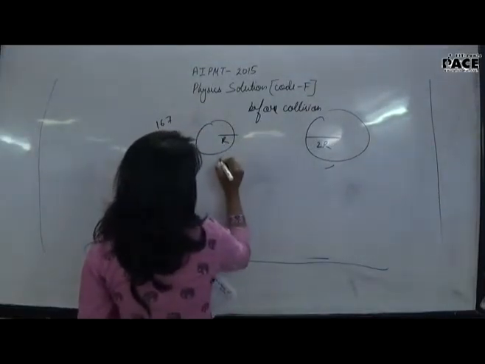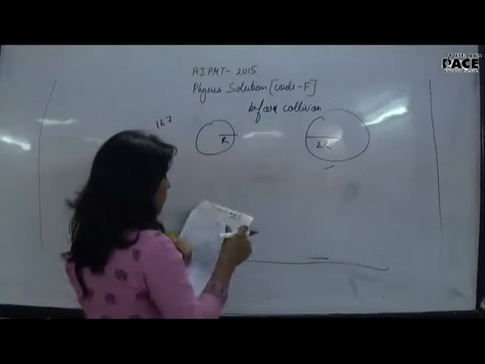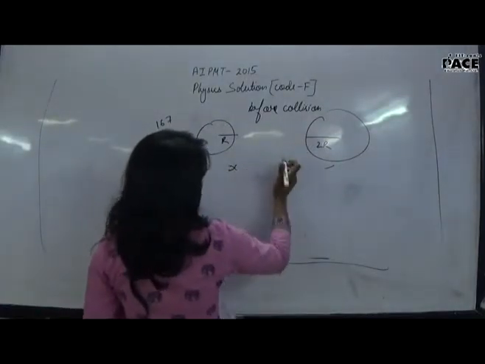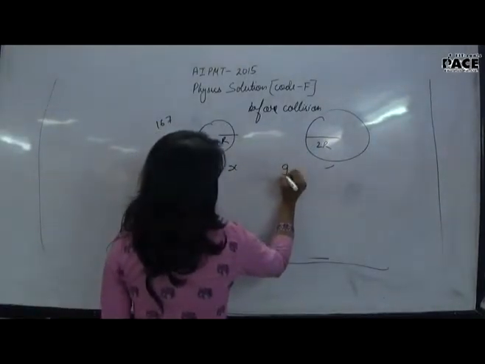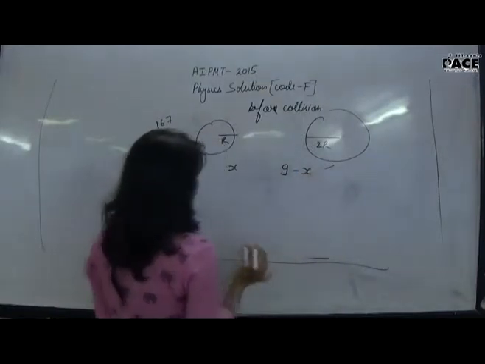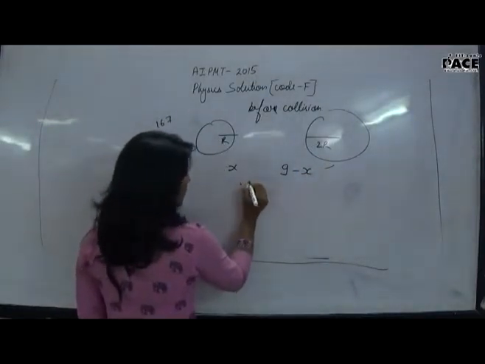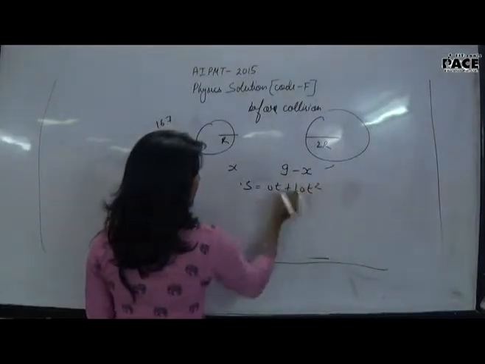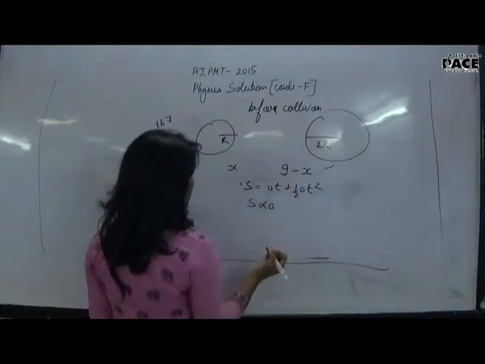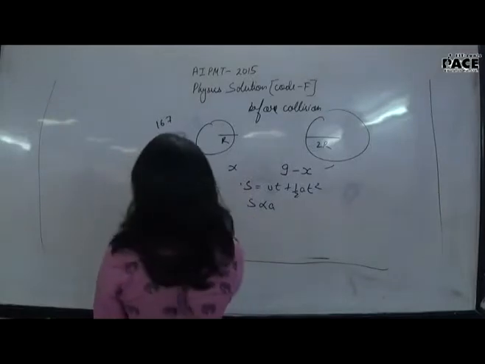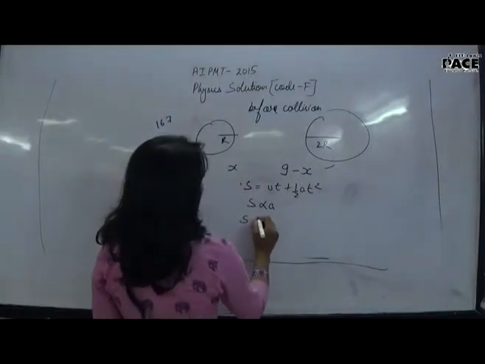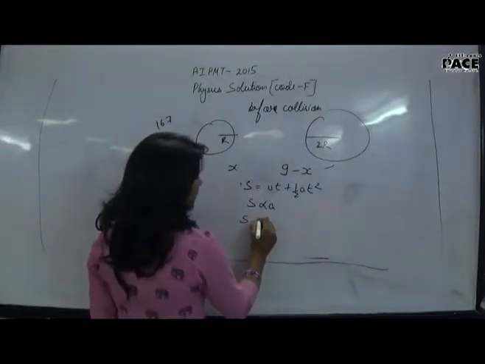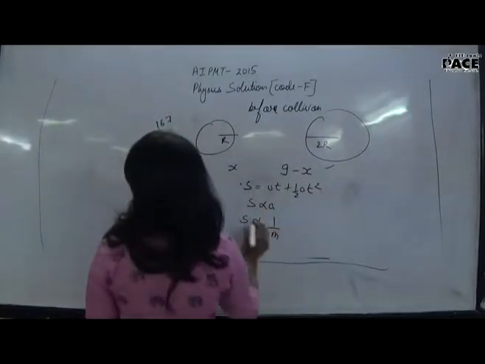Assume the distance travelled by the small ball is x and the distance travelled by the bigger ball is 9r minus x. From s equals ut plus half at square, we get s is proportional to a, and a is inversely proportional to m.